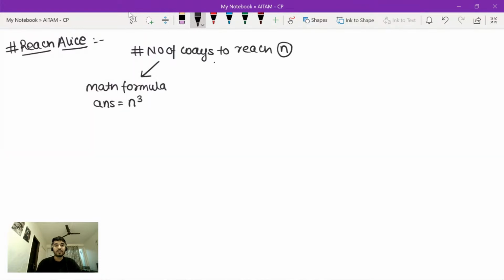And the second approach is to write a recurrence relation and count the number of ways. For this particular problem, I am not able to come up with any mathematical formula, and I also believe there does not exist any mathematical formula to solve this problem. So now we are left to find the recurrence relation.